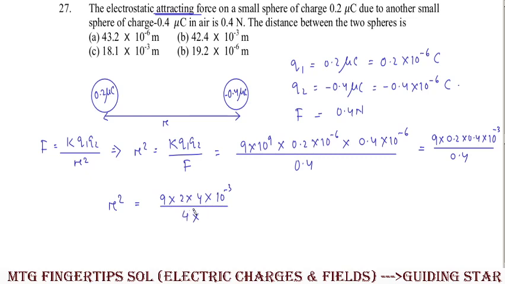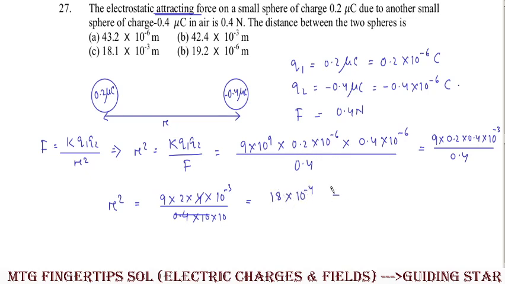That means here we'll get 0.4 into 10. Clear? So this 4 and this 0.4 into 10 will become 4, this 2 will cancel out. So we'll be getting 18 into 10 to the power minus 4.